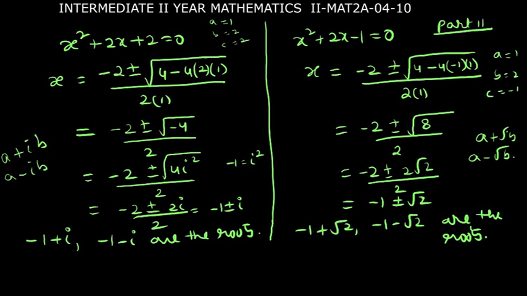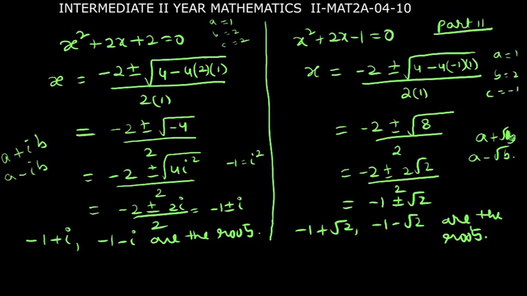So they occur in pairs, so the degree has to be equal to or more than 2 for an equation whose roots are complex or irrational. Okay, right? Let us see one tool to find the roots.